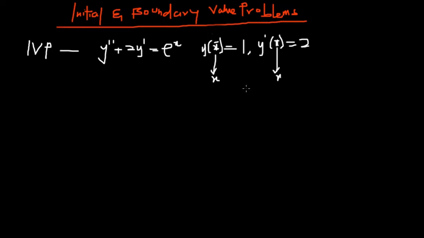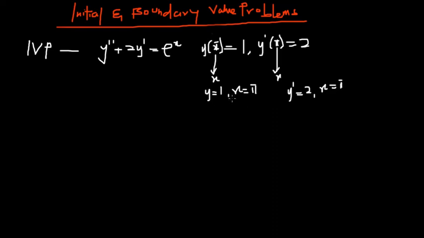The components of x, or the subsidiary values, are the same. So from here this is the same as y equals 1 at x equals pi, and y prime equals 2 at x equals pi.